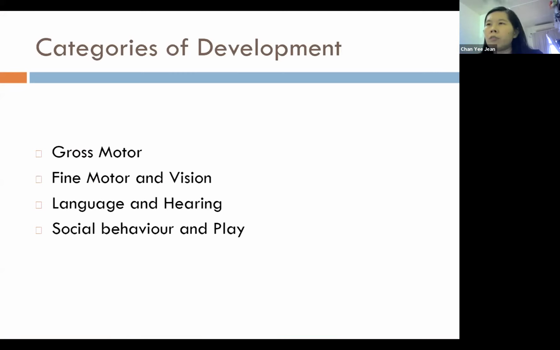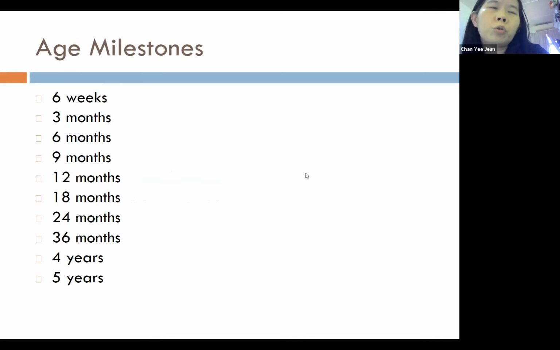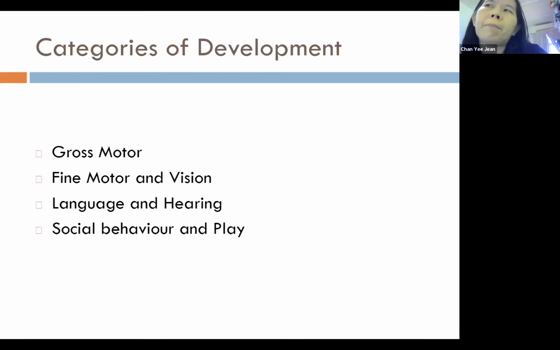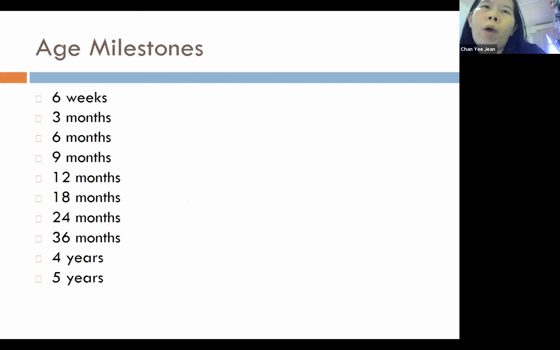Developmental milestones: development is actually divided into 4. There's gross motor, fine motor and vision, language and hearing, and social behavior and play. When we assess milestones, we tend to go at certain age ranges: what they can do at 6 weeks, 3 months, 6 months, 9 months, 12 months, 18 months.